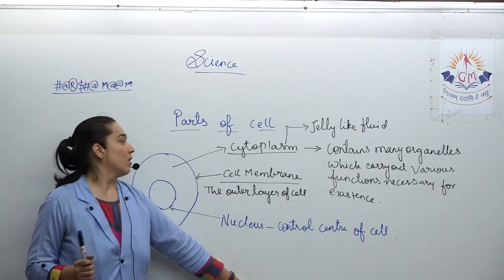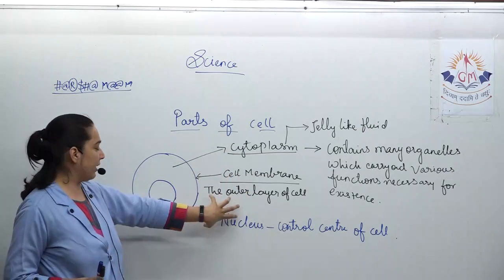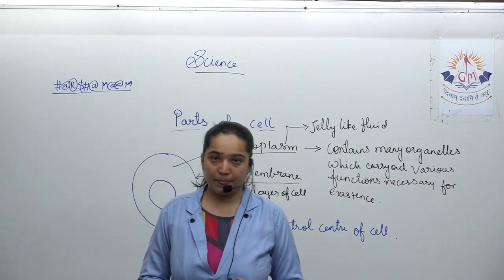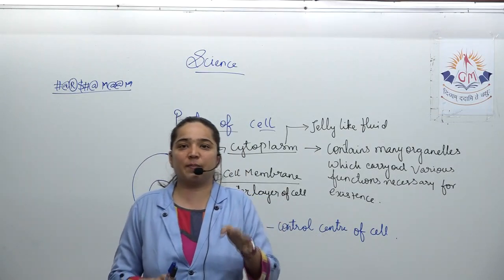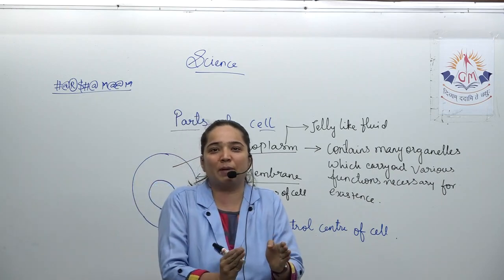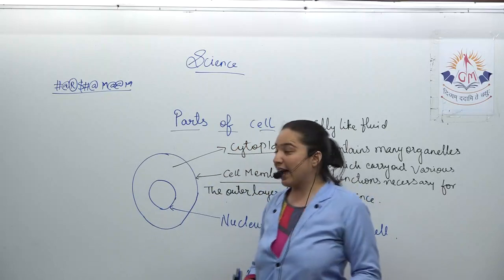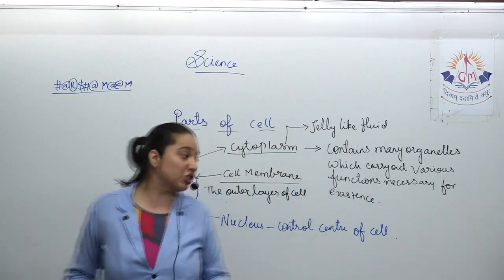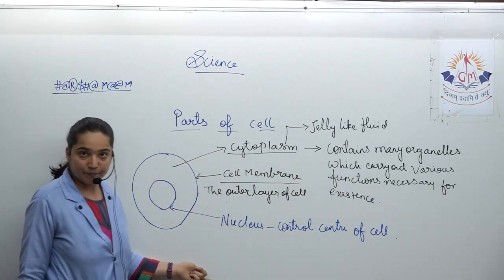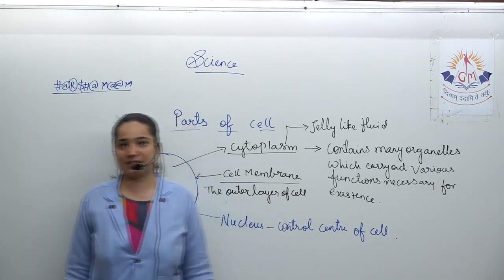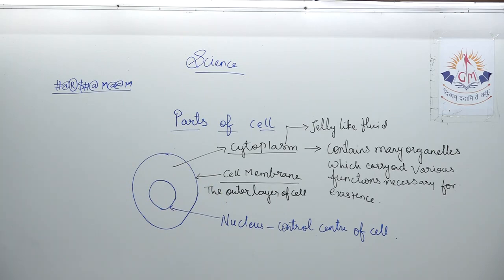After that, on the basis of the nucleus, we have a bifurcation of cells again. First we studied any organism as either unicellular or multicellular. Now we will study organisms in two groups, either prokaryotic or eukaryotic, which depends upon the nucleus. I will teach you that, but before that, note this down, please.